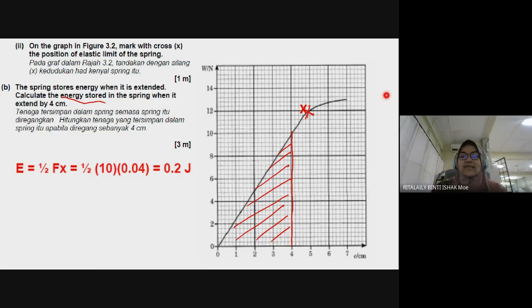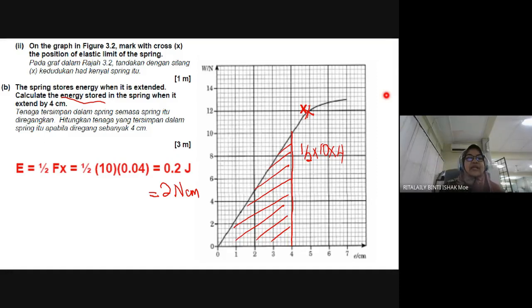Half kx, half this one times 10 times 4. 4 cm. If you don't want to use joule, it can become 20 cm, but I say if you don't want to change units, you cannot write joule. You make it 2 cm. Okay?